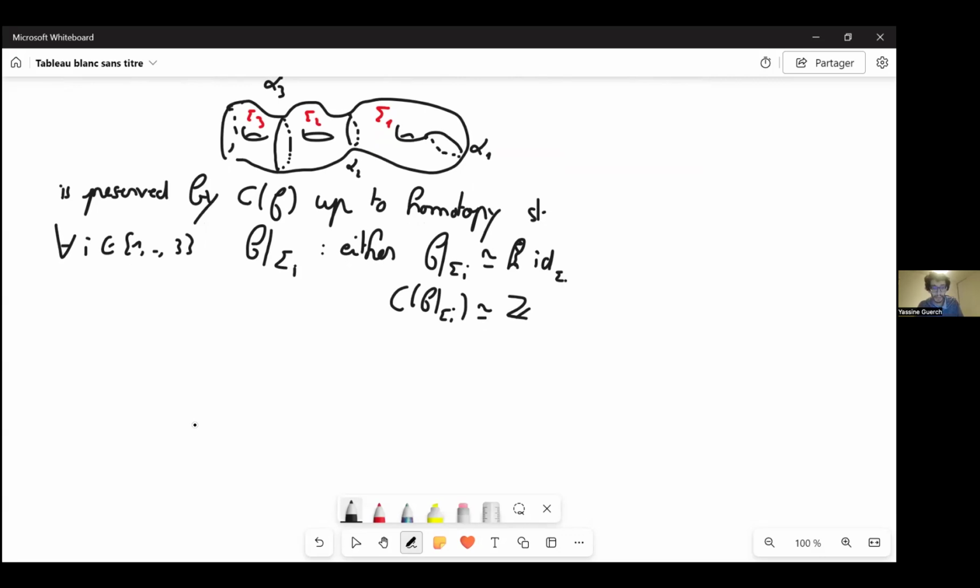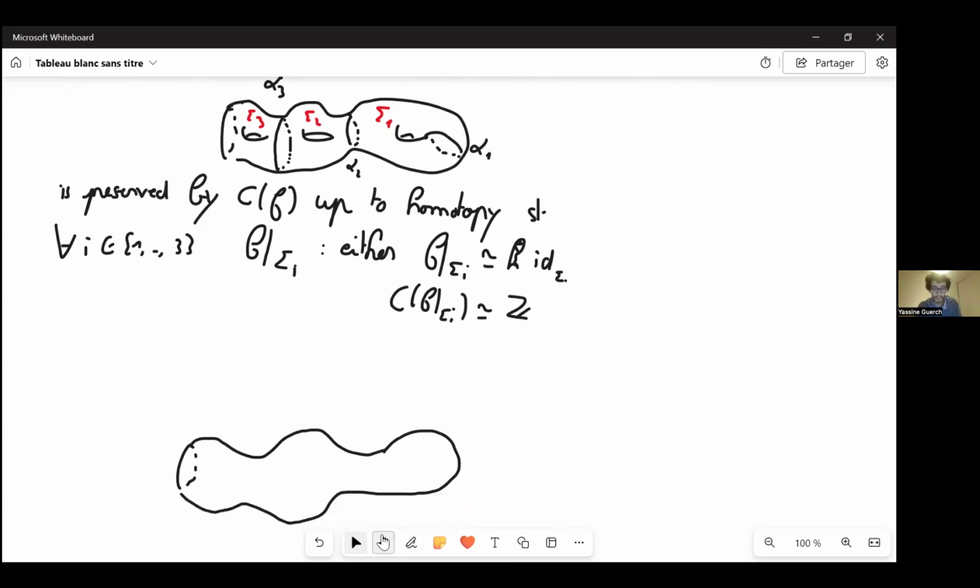So I just draw once again my surface, sigma 3, sigma 2.